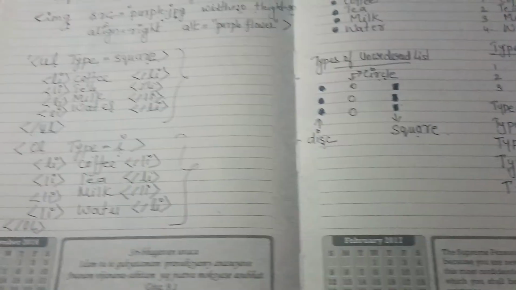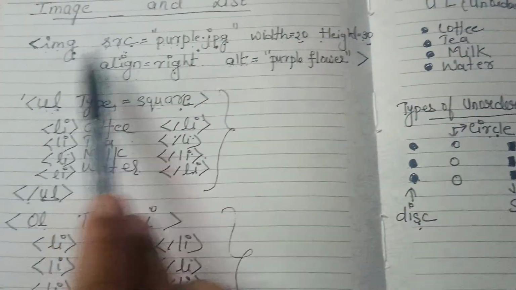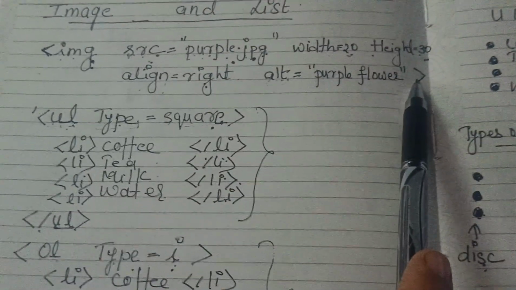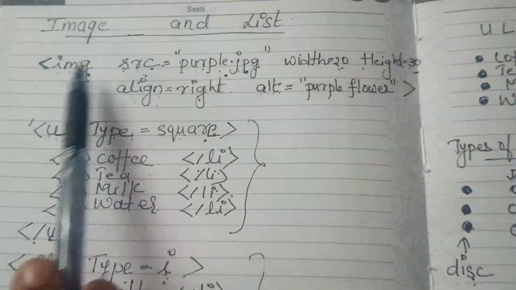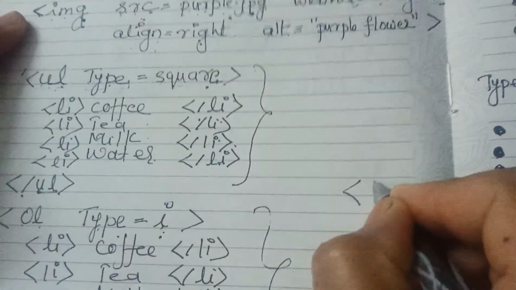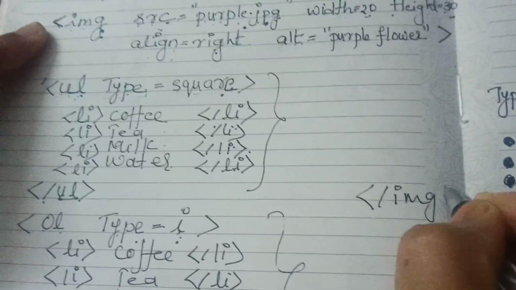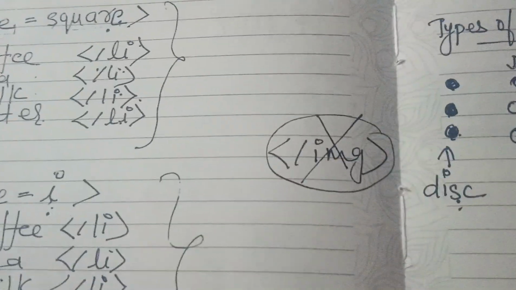Clear? Now if you look here, I have not closed my image tag. So it means image is not a container tag. It has a starting tag, but it will not have a closing tag like this. For image, this thing is not there, right?